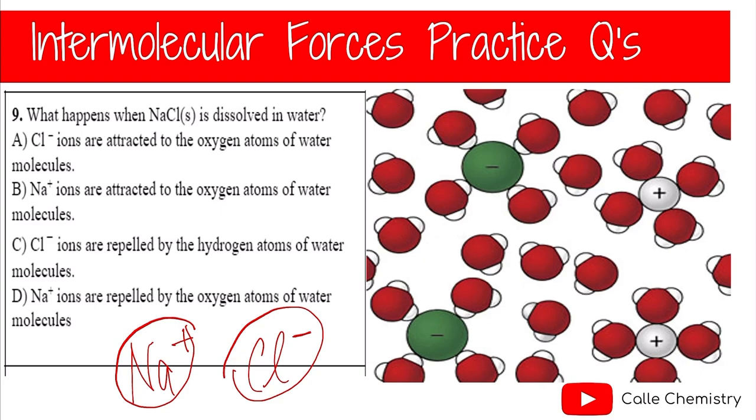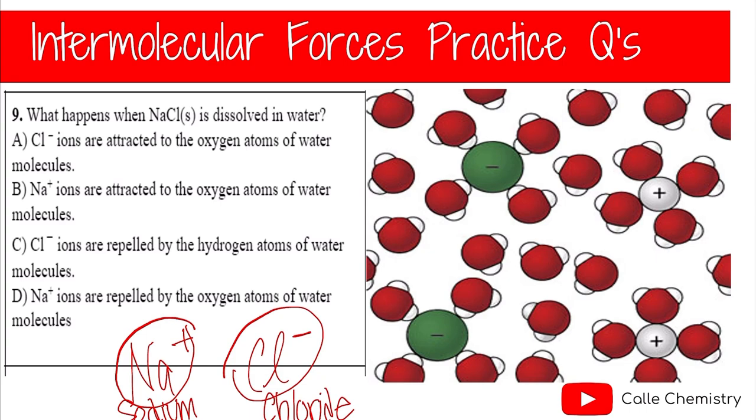So here we have the chlorine and the sodium ions spaced out. Now we're talking about a chloride, and the name of the metal doesn't change, so this is sodium. So we have a sodium ion and a chloride ion.